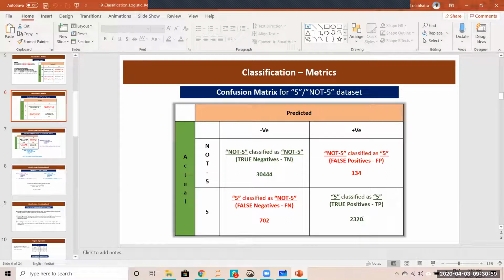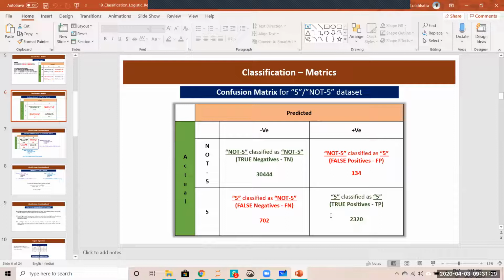Okay, at a given threshold, it predicted correctly. What is a given threshold? When I say at a given threshold, for each record there is a number between 0 and 1, right?